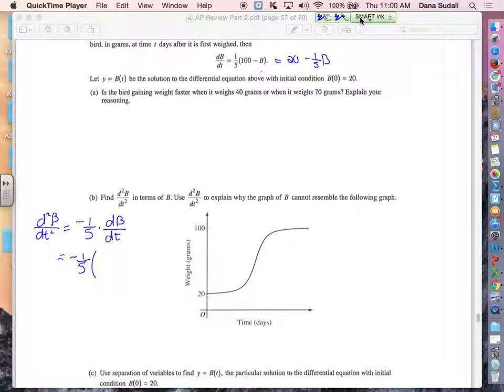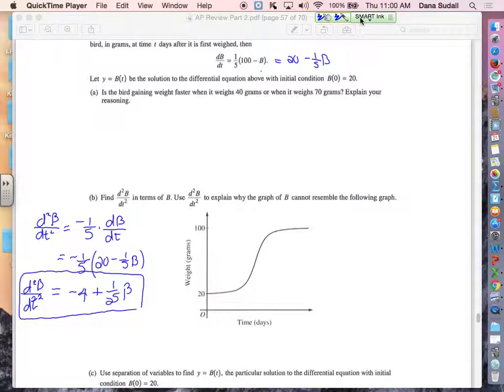And db over dt was that 20 minus 1/5 b. Negative 1/5 times 20 would be negative 4, and negative 1/5 times negative 1/5 b would be plus 1/25 b. So that's our second derivative.